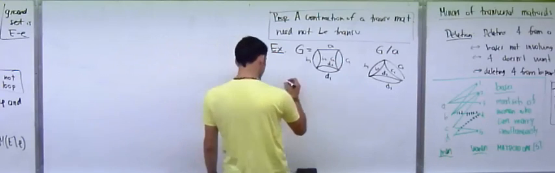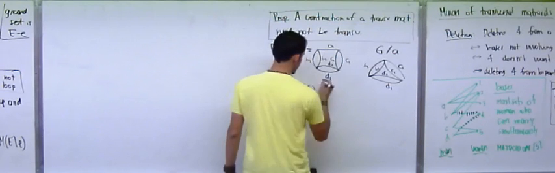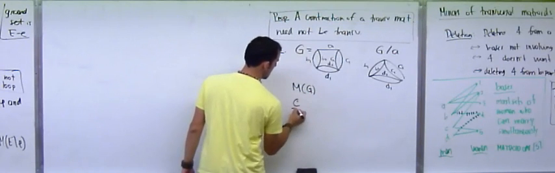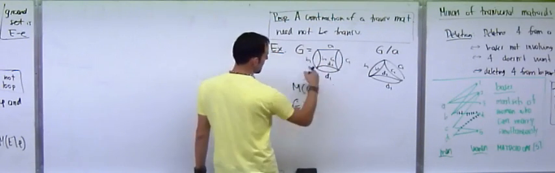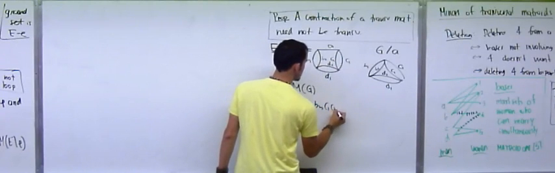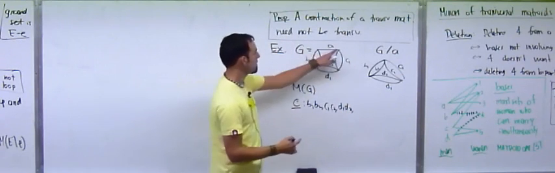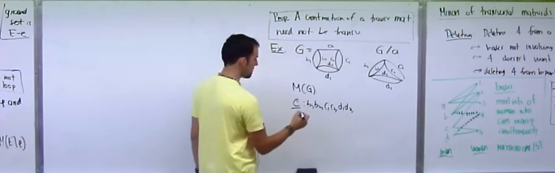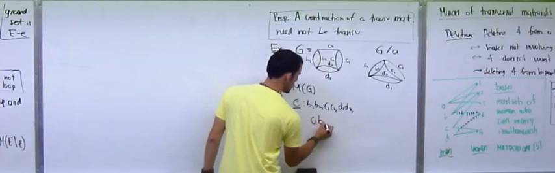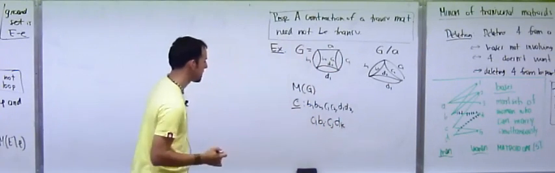The matroid of this graph has a list of circuits. And what are the circuits here? B1, B2, C1, C2, D1, D2, and then A, any B, any C, any D. So A, B_i, C_j, D_k. These are the circuits.